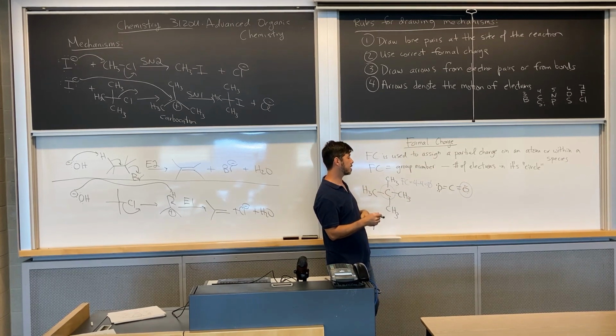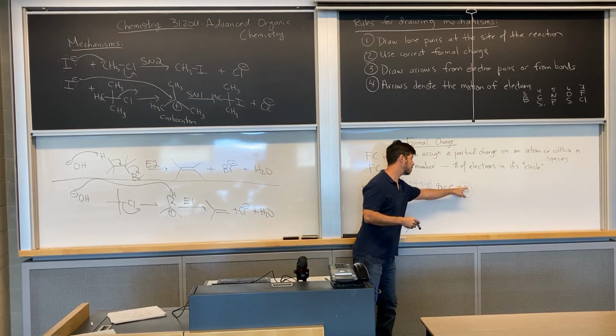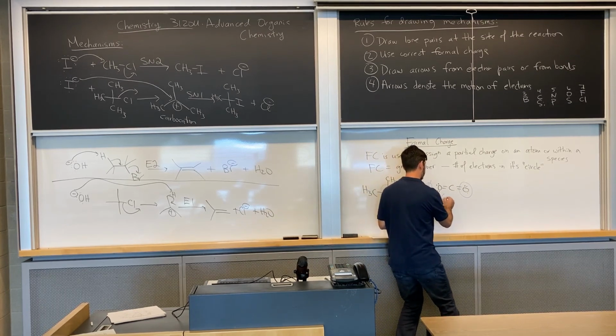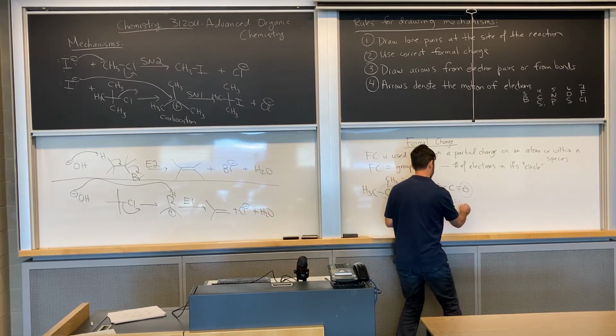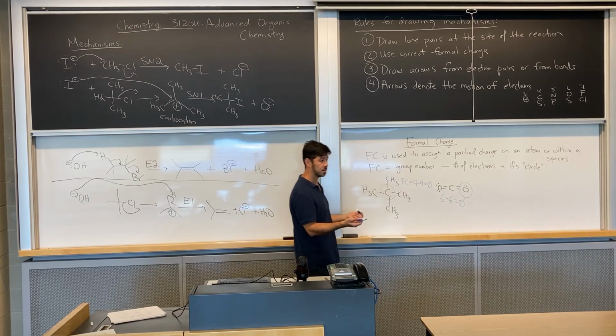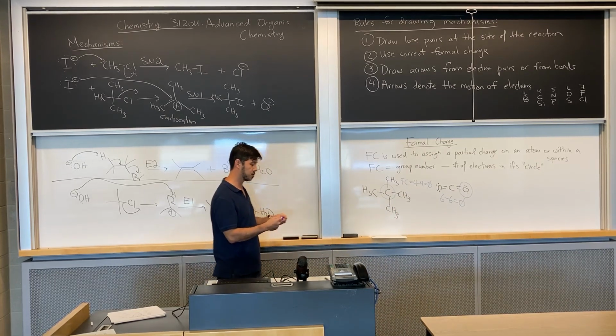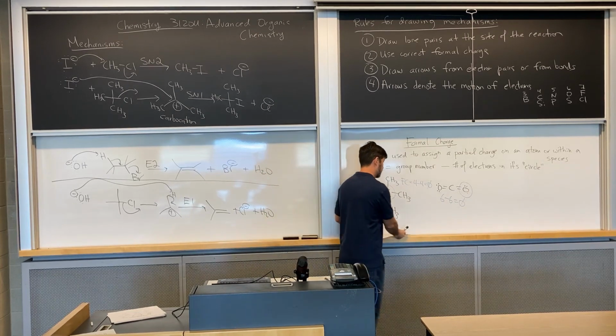How many electrons are in that circle? 1, 2, 3, 4 free electrons plus 5, 6, 2 electrons from each of those bonds. So the answer is 6 minus 6, 0. So that's a neutral atom charge there, in CO2. Oxygen is neutrally charged. Okay, that makes a lot of sense.